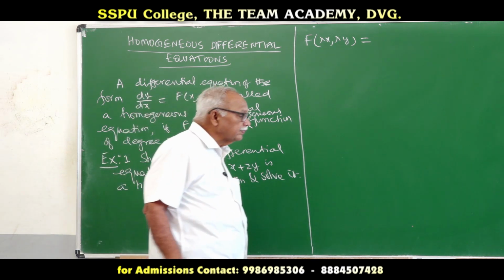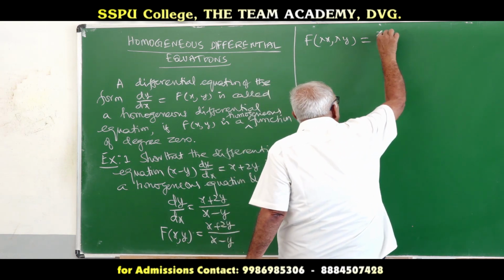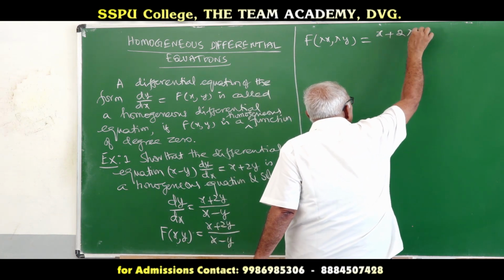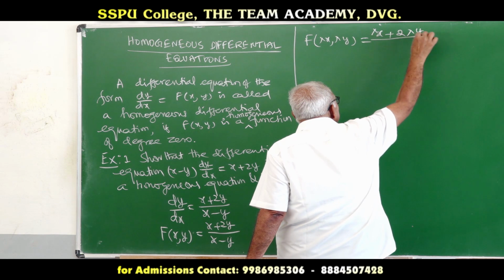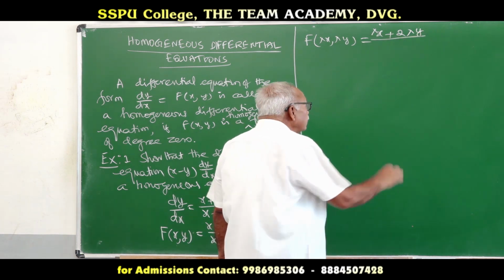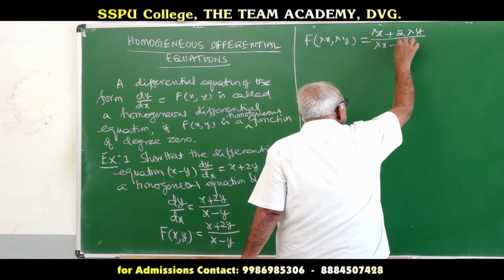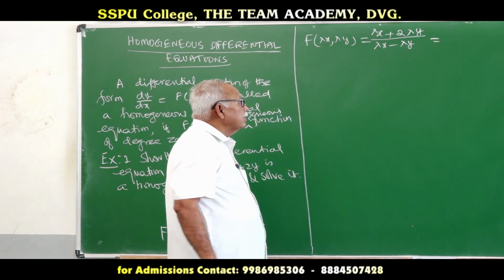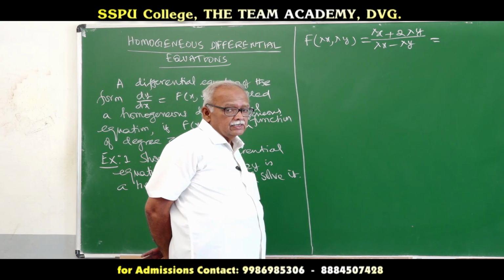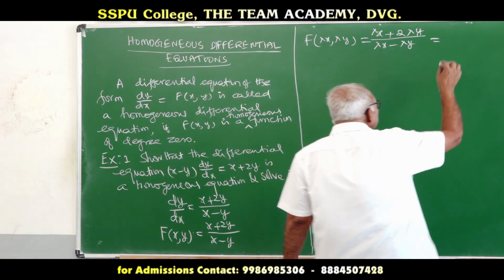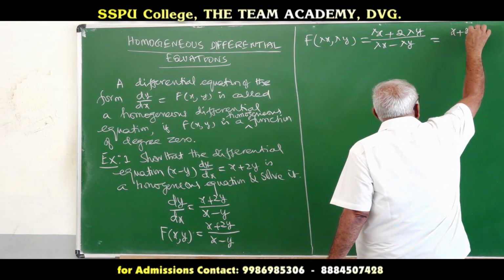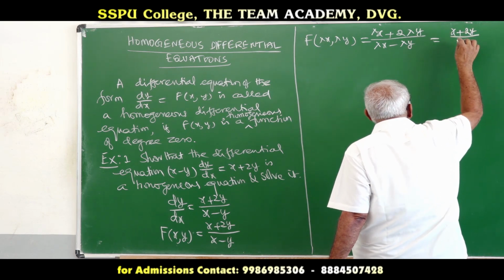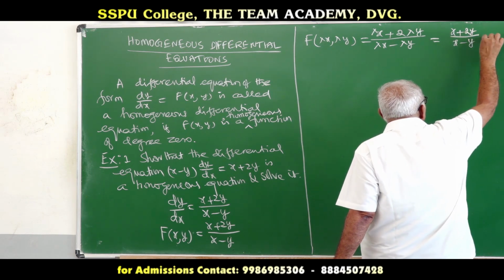See, this is lambda x plus 2 lambda y divided by lambda x minus lambda y. So, lambda can be taken out and it gets cancelled. So, what you can write here is x plus 2y divided by x minus y.